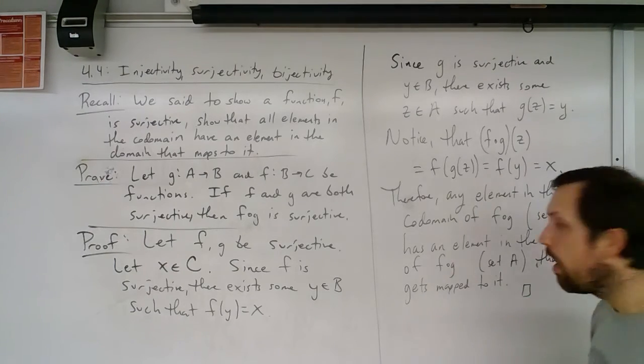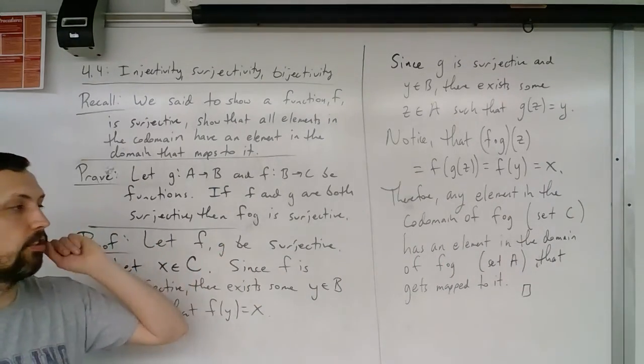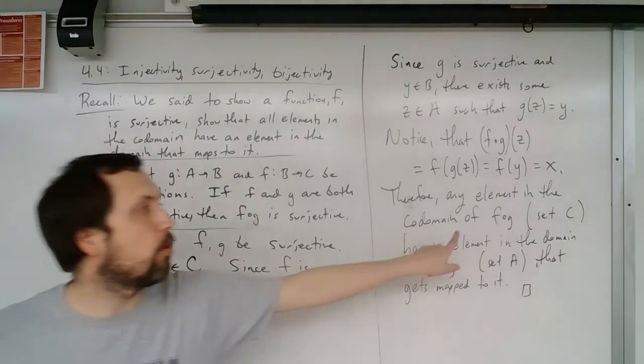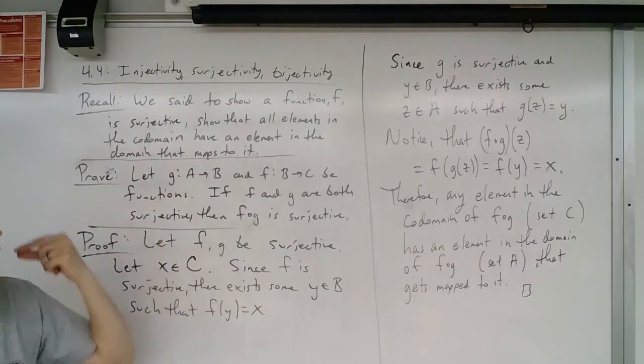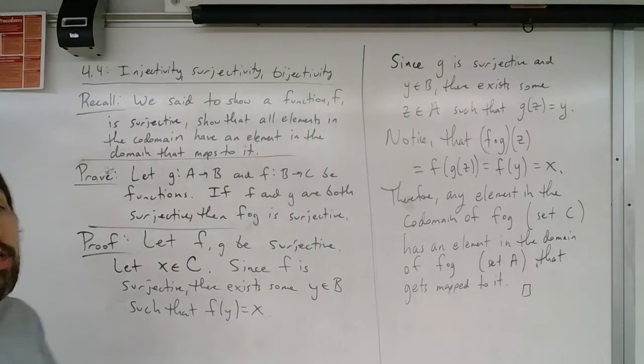And that concludes our proof that indeed we have that the composition is surjective, because we show that any element in the codomain of the composition has an element in the domain of the same function that gets mapped to it.